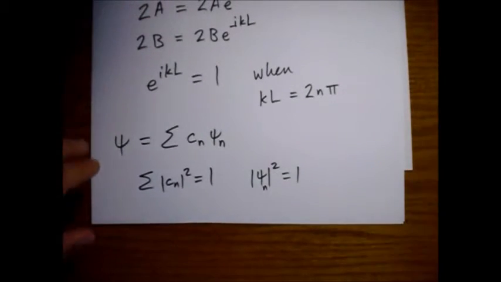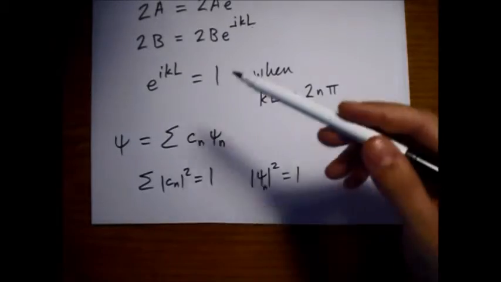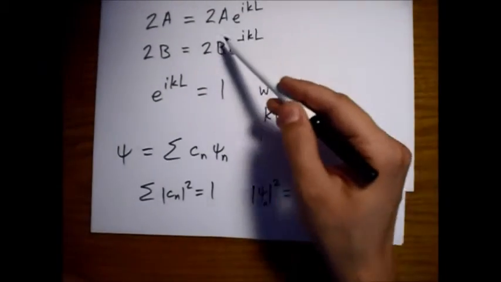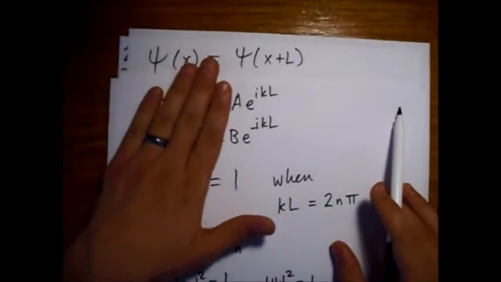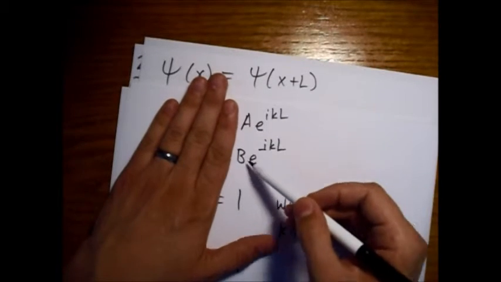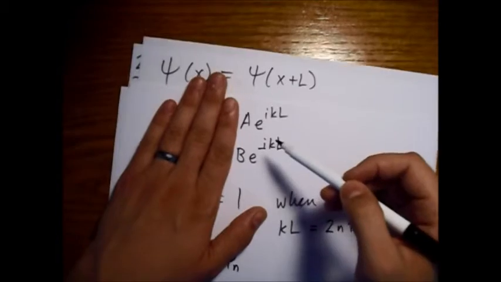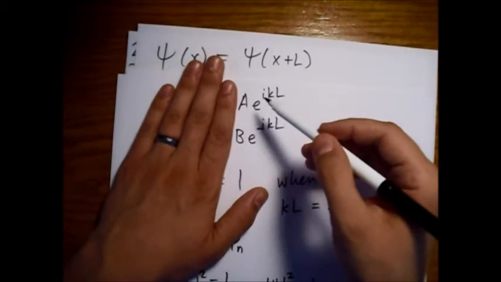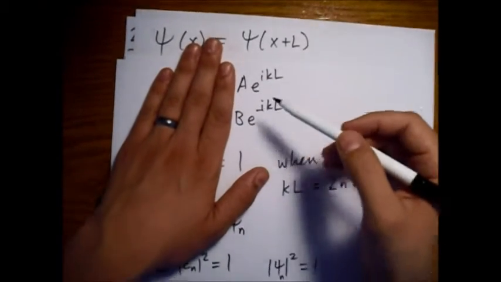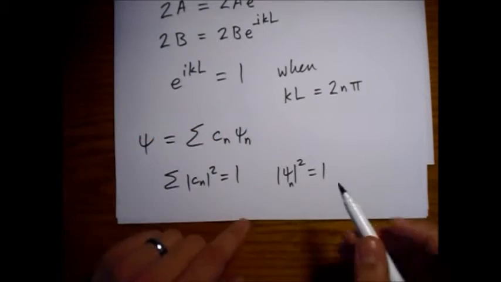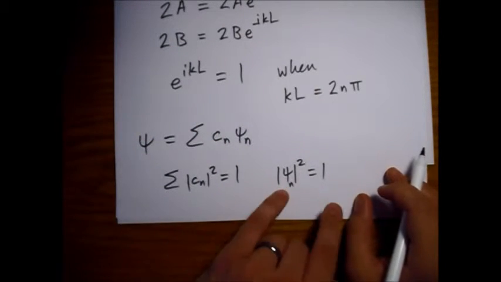So here we have these two, if I can put my hand here and look at these right here. These are like our two wave functions. What we want to do is normalize these individually, so that we can meet this criterion, all right?